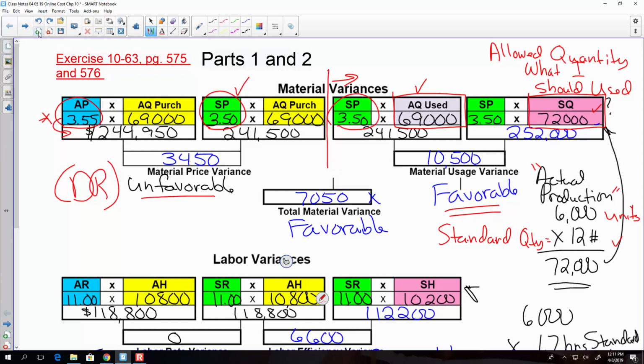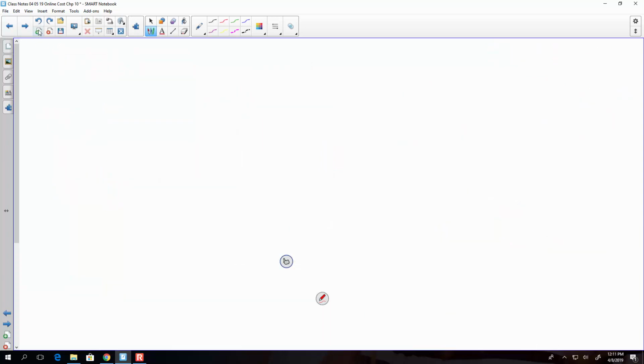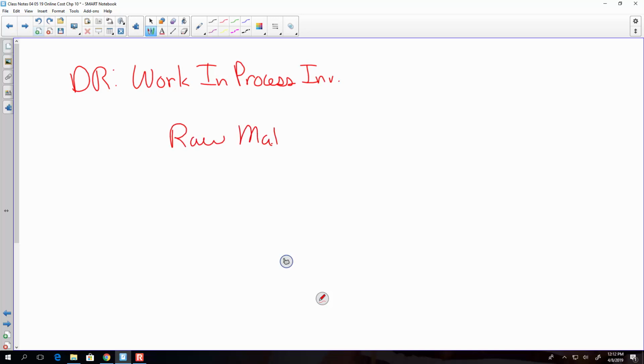And if I'm going to add a worksheet here, I'm going to debit the standard cost to work in process inventory. I'm going to pull it out of, or credit, raw material or direct material inventory. And in between, I'm going to have a usage variance.